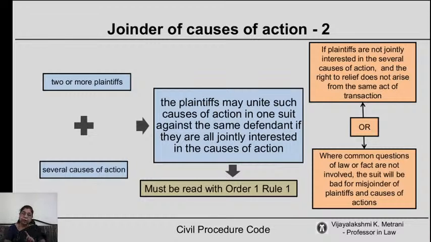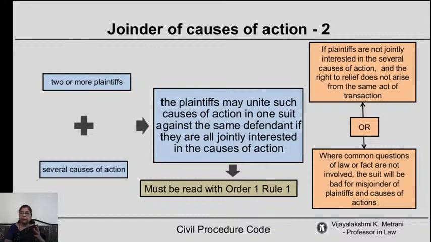But if they are not jointly interested, suppose one plaintiff has applied for a house, and one other person, the same defendant may be there, has filed on some other ground. That cause of action is not raising a common question of law or fact.